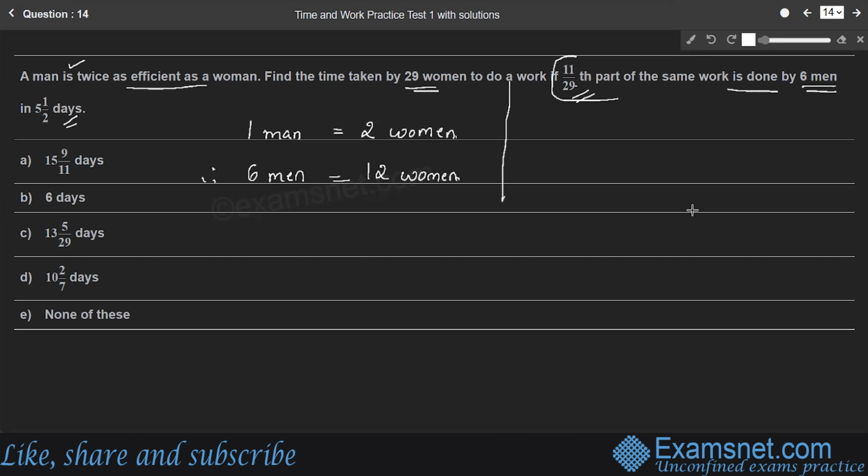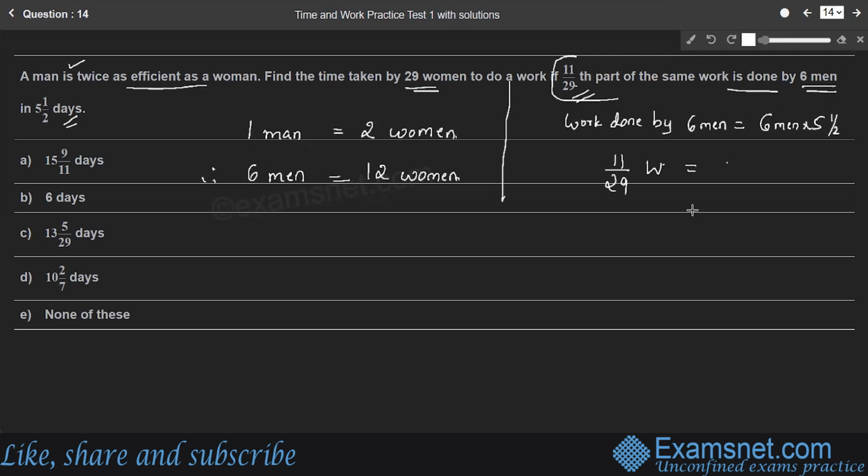Work done by 6 men is 11 by 29 part of the work, done in 5.5 days. Therefore, it is 6 men into 5.5. Since work done by 6 men is 11 by 29 part of total work, let total work be W. So 11 by 29 part of W is equal to 6 men into 5.5.